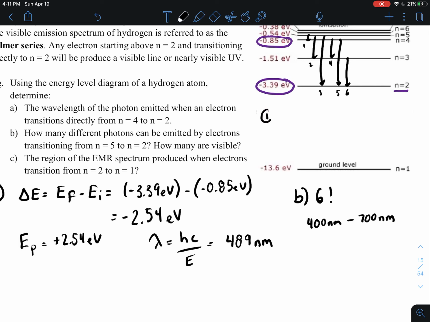For the first one, transition jump 1, the change of energy is final minus initial, and we're just going to use that equation. So negative 0.85 minus negative 0.54.